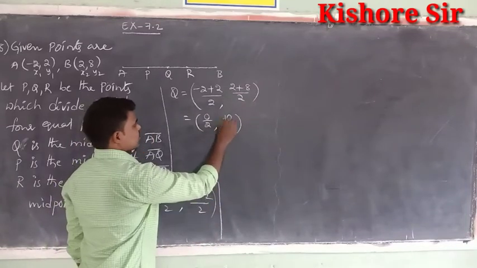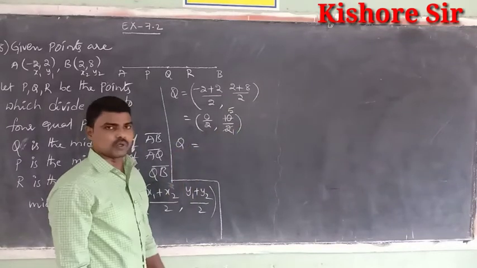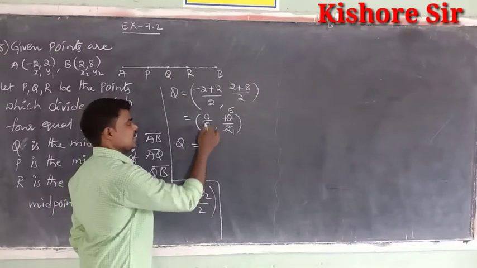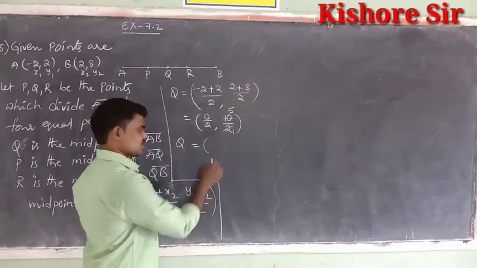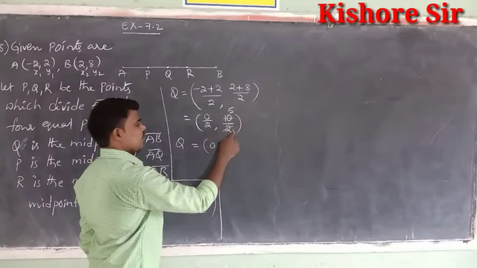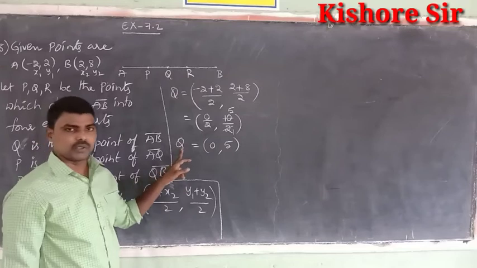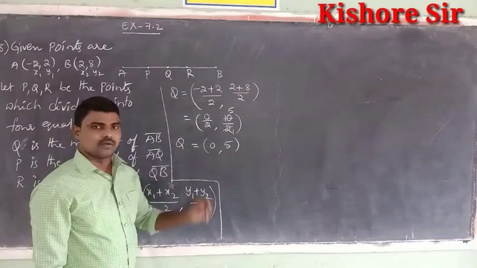So 0 by 2 is 0, and 10 by 2 is 5. So the coordinates of the point Q are 0 comma 5.